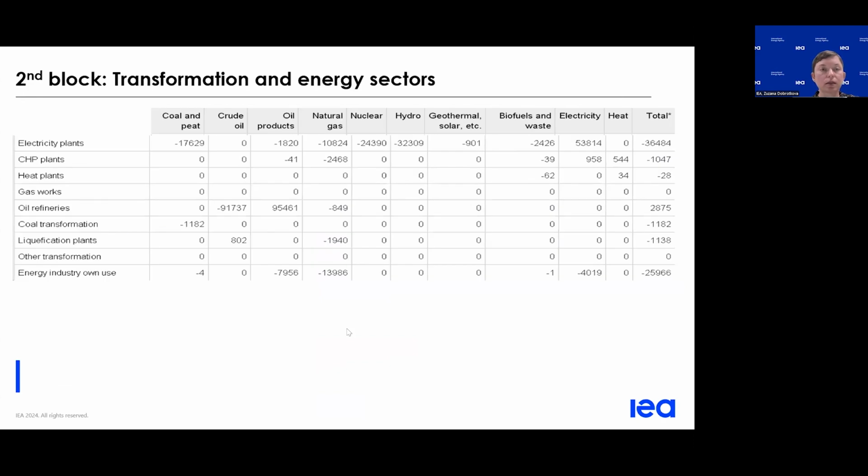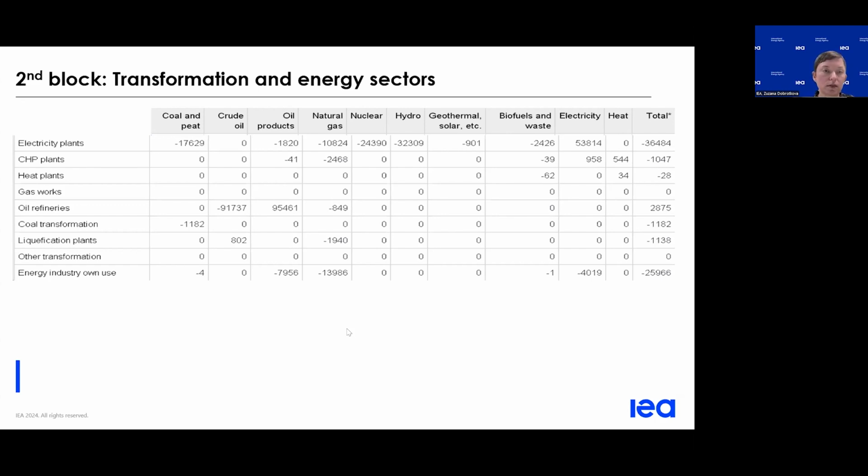Then in the second block, we have the transformation sector. So here, this is inputs and outputs into electricity plants or heat plants, oil refineries, coal transformation, etc. What's important to note in this section is that here you will see inputs with negative signs and outputs with positive signs.